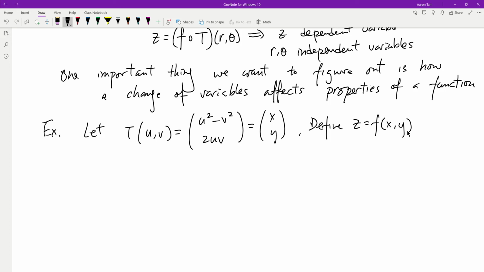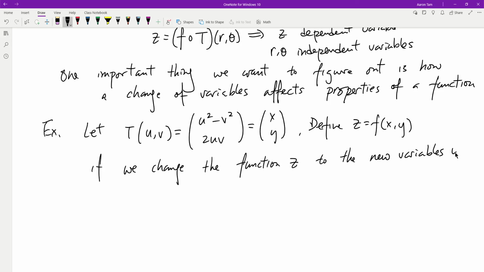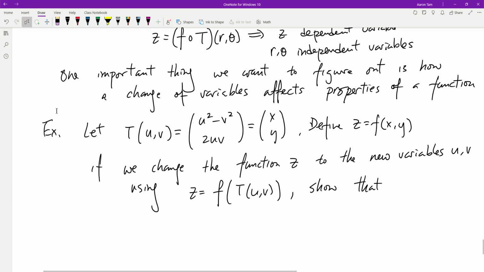So what I want to do is the following. If I change the variable to u and v, if we change the function z to the new variables u and v using z equal to f of t of uv, show that the following statement is true.